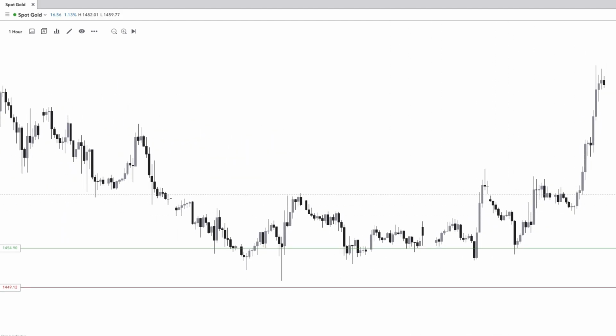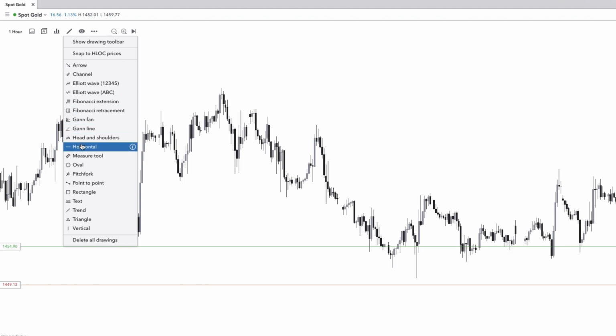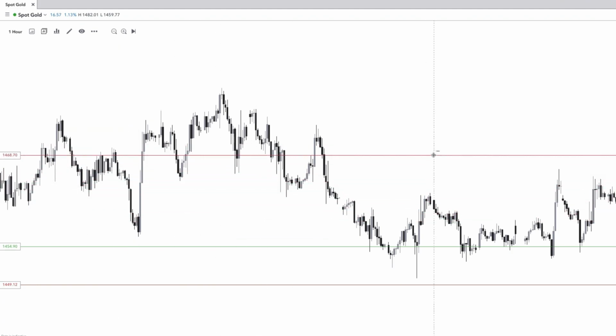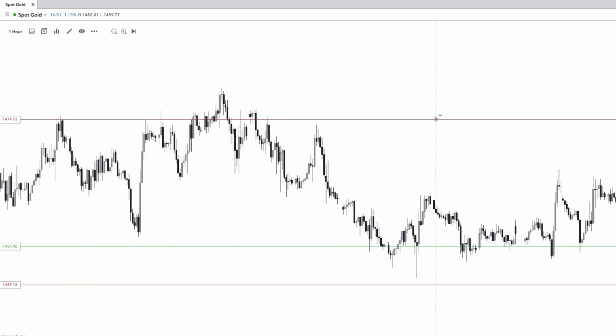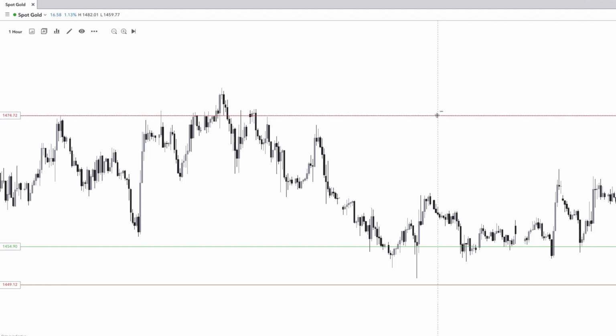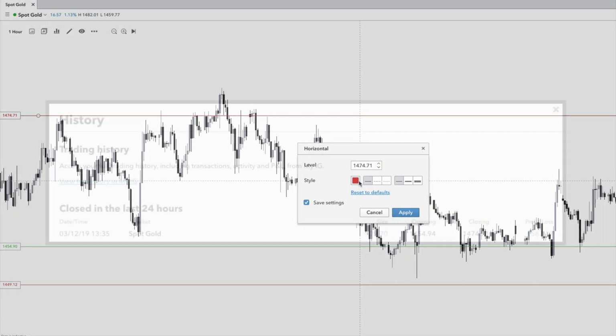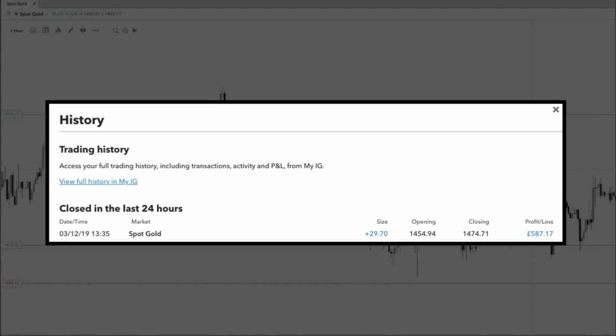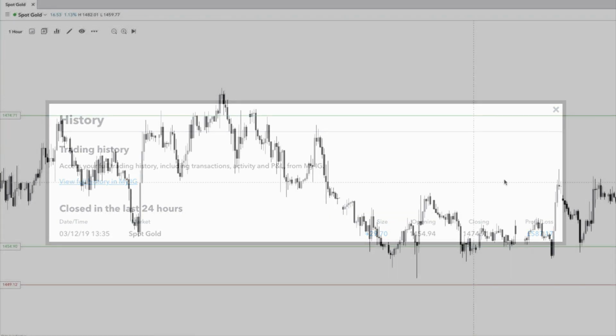It was up at 1474.7, wasn't it? Brilliant. And as you can see, we've just rolled over there a few hours ago. So that's us out with, what was it, 3.4R and just below 20 points, which is another really strong win for the strategy.